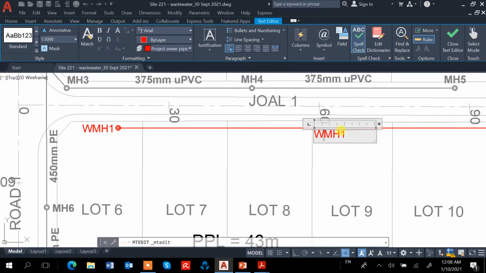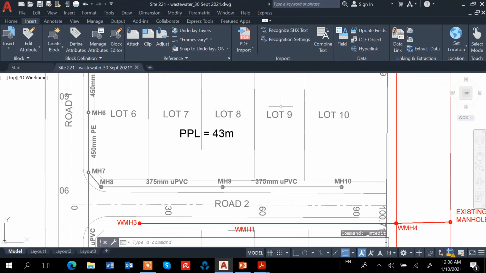But I'm going to put, this is just small u PVC. So probably later on, after calculation, it's going to be 150 UPVC. Okay.